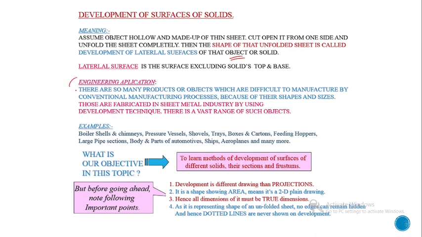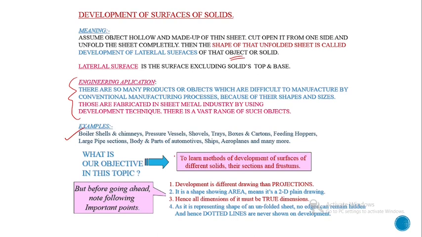These are the engineering applications, and these are the examples: boiler shells and chimneys, pressure vessels, trays, boxes, feeding hoppers, large pipe sections, etc. are examples for the usage of development of surfaces.